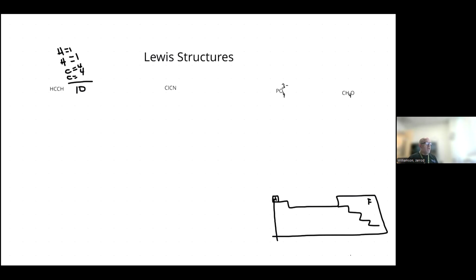Hydrogen only makes one bond because its electron configuration looks like this.